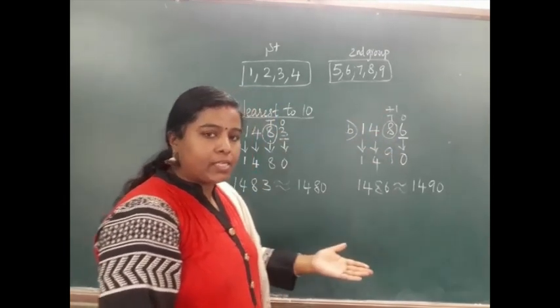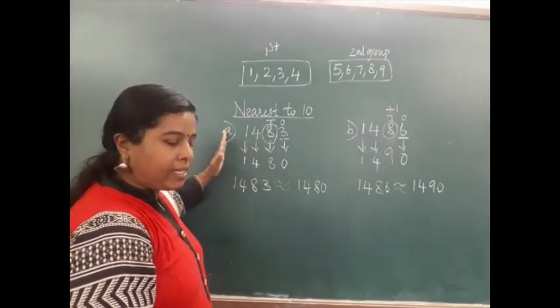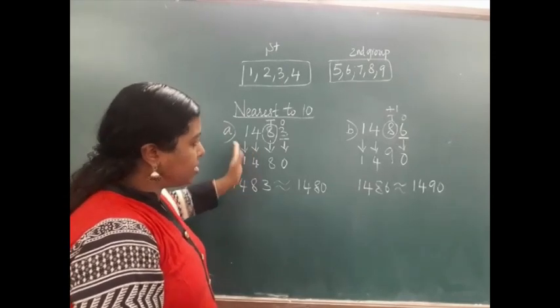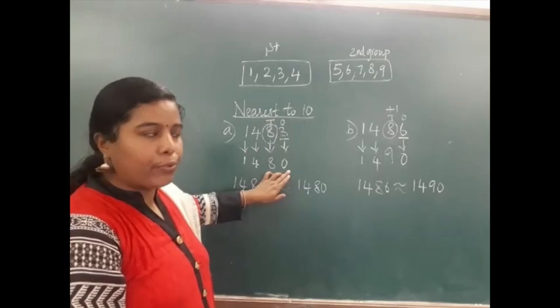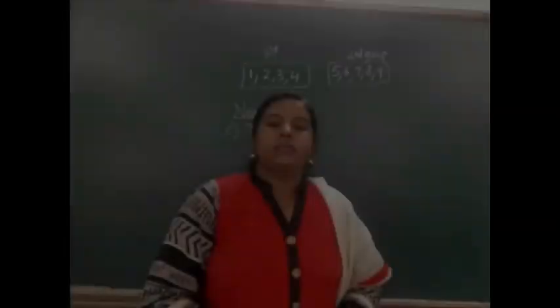And the next step is write all the digits to the left side as they are and change the right side digits into 0. Hope you understood how to round the numbers nearest to 10.